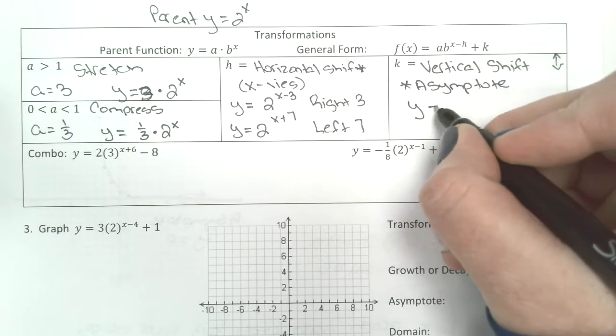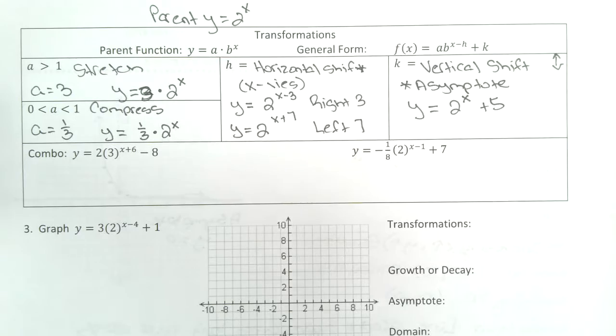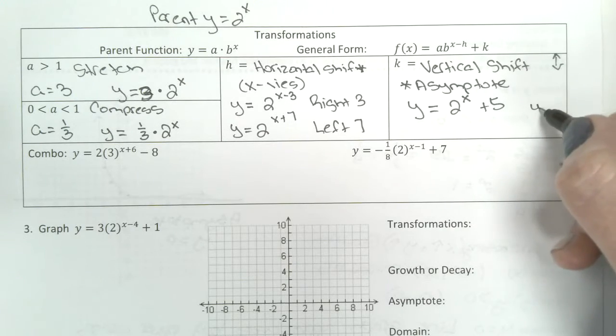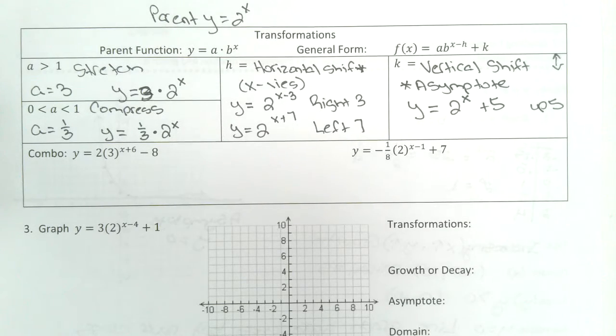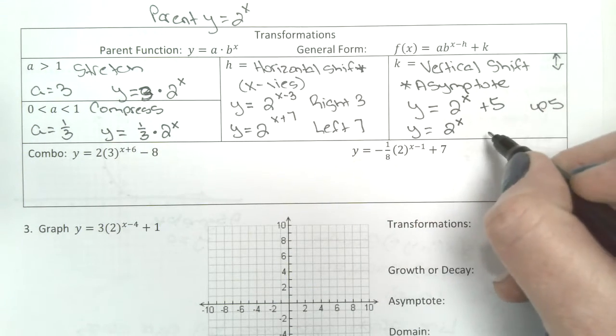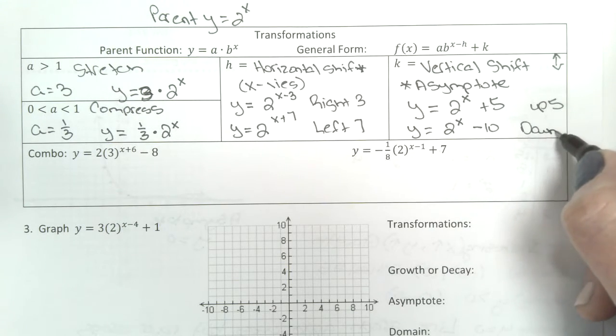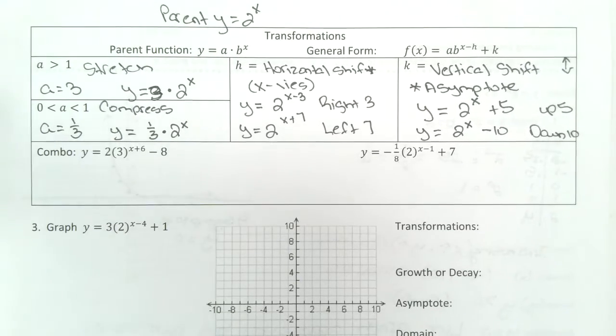So for example, if I have y equals 2 to the x plus 5, that means it took my parent function and it shifted everything up 5 units. If I have y equals 2 to the x minus 10, that means it shifted everything down 10 units.